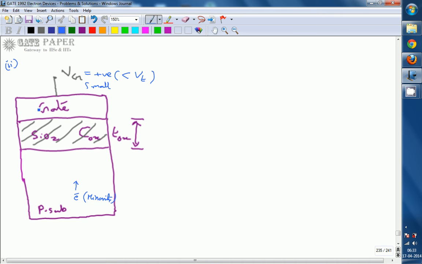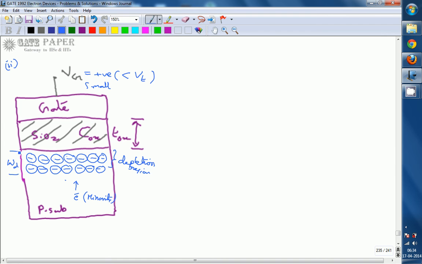Holes are already present over this portion, and these electrons will recombine with the holes, so negative ions will be created like this. This is called the depletion region, and its width is treated as WD.